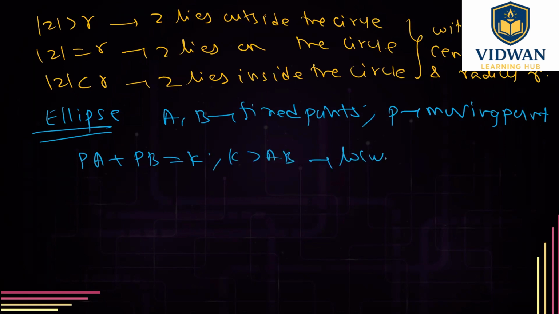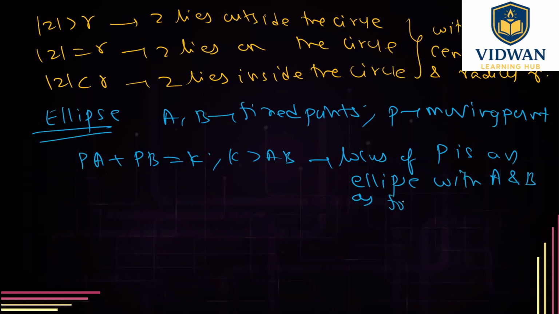So you can just say in this case, the locus of P is an ellipse with A and B as foci and K as the length of the major axis.